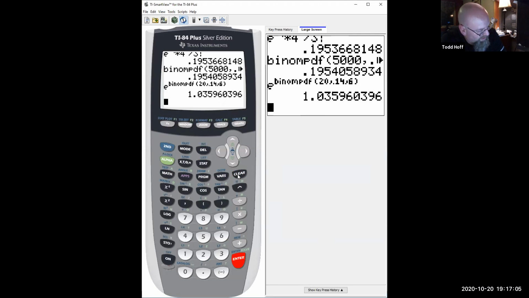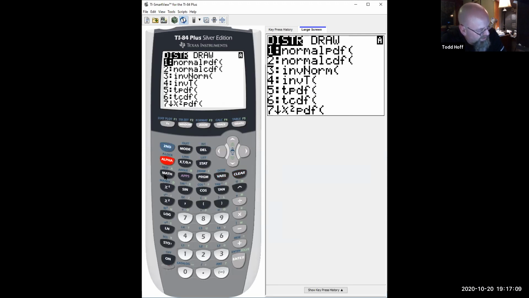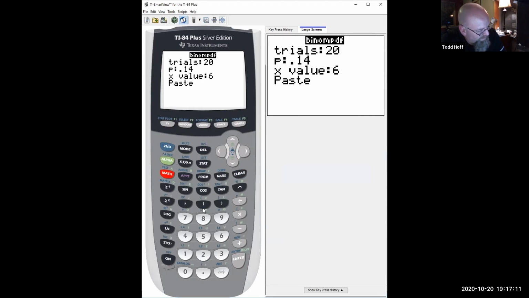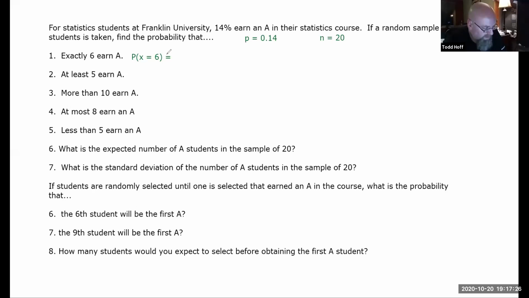Oh, I had an extra key in there. So let's do that again. Second distribution, binomial PDF. There's our values, they are all right. Now it should turn out. There it is, 0.0353.